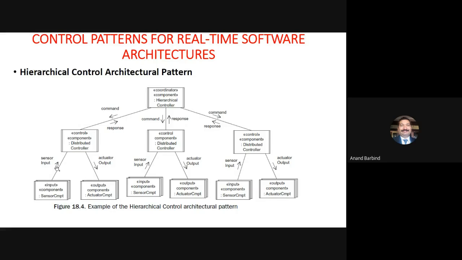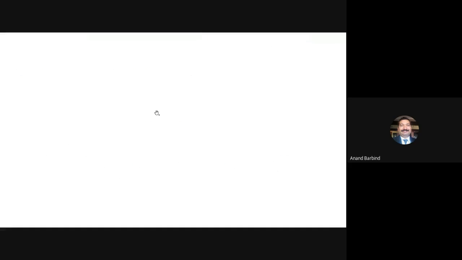The important events are passed to the hierarchical controller, and the higher level decisions are taken at that level. That is why it is referred to as the multi-level control architectural pattern, also called the hierarchical control architectural pattern.